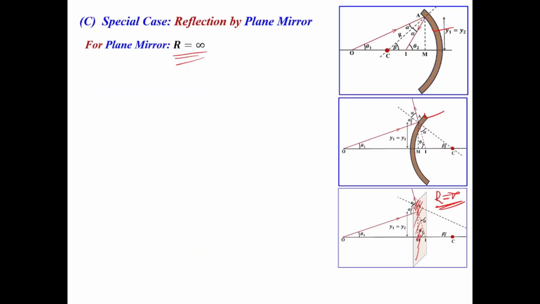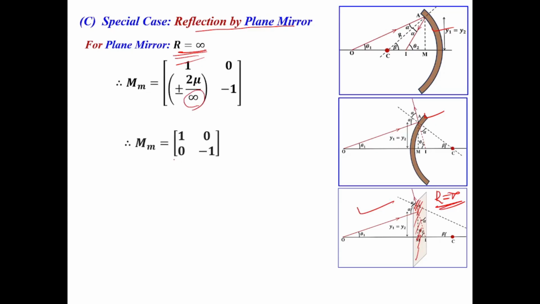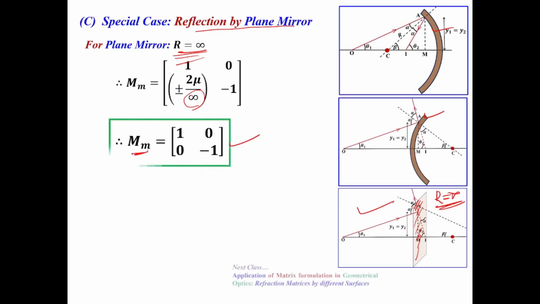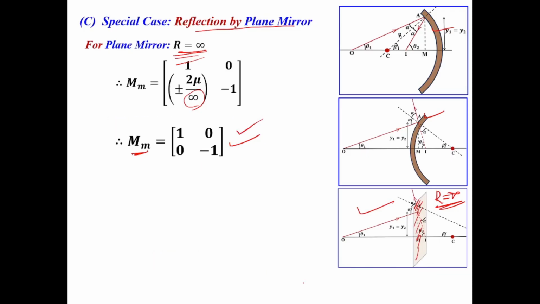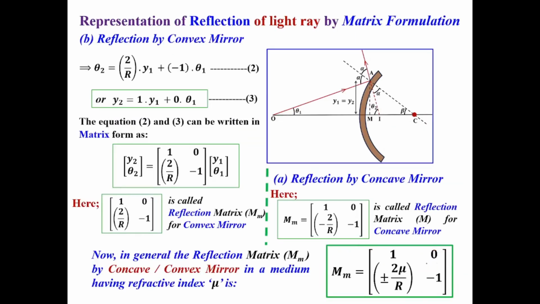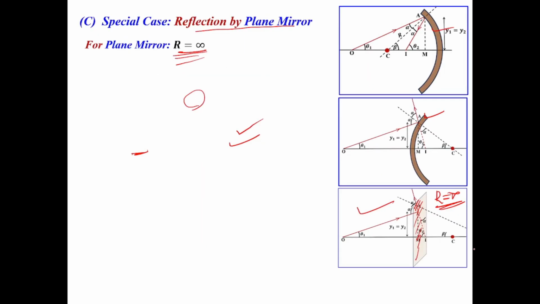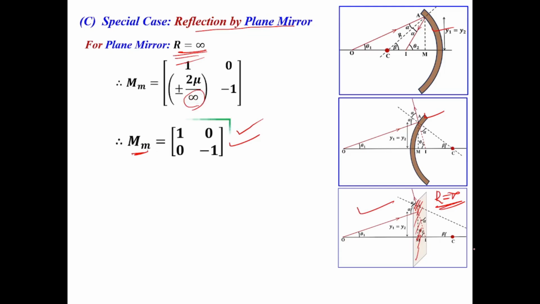In the special case of reflection by a plane mirror, r is infinite, and the reflection matrix M will be equal to 1 0 0 minus 1. I suggest you remember this matrix, and the other two matrices. These three matrices are required in our forthcoming classes.